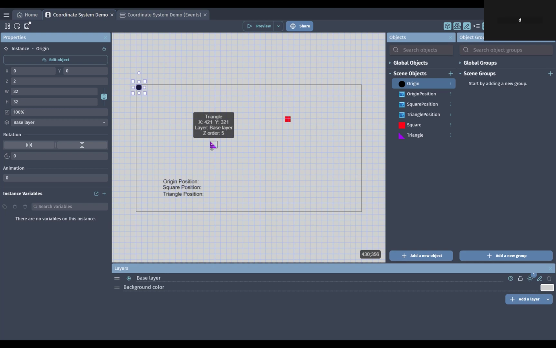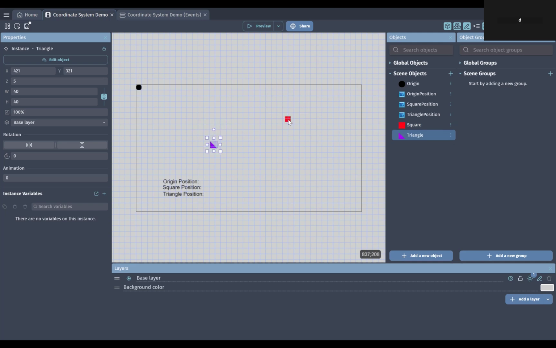And in this case, I've moved down from the origin, but the Y is positive. So the position of this is 421 for X and 321 for Y. And you can see that the square is further to the right, so the X is bigger, it's 847, and it's higher up, so the Y is smaller, it's 180.